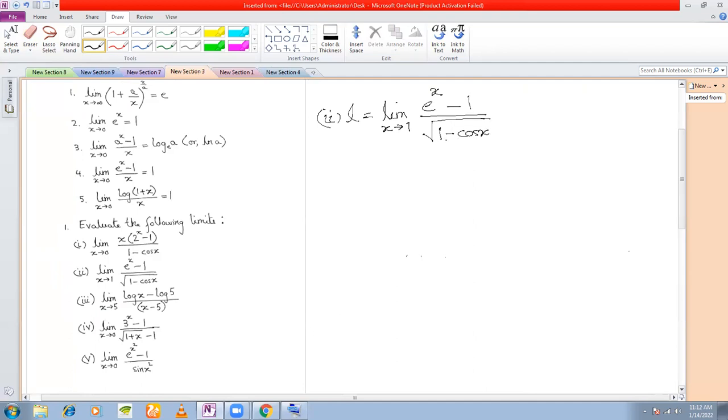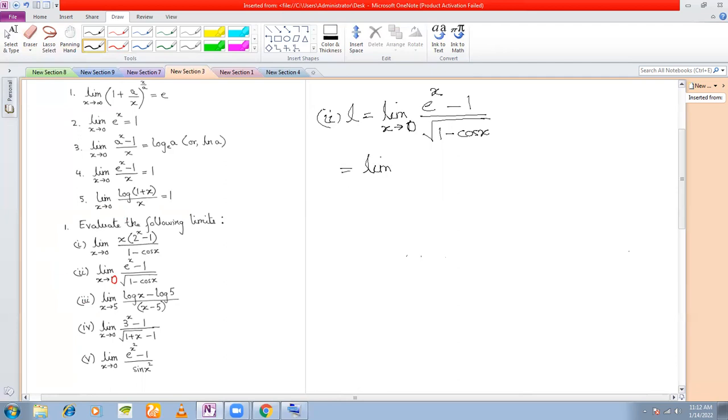Now first, this should be, I think, x tends to 0, not 1. Just correct this. This should be x tends to 0.